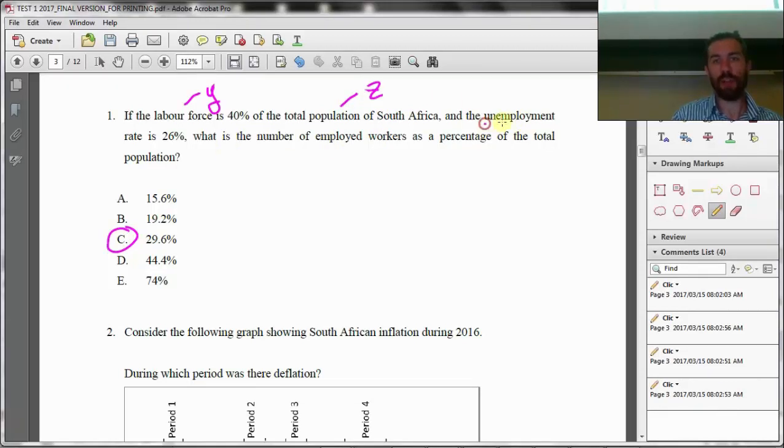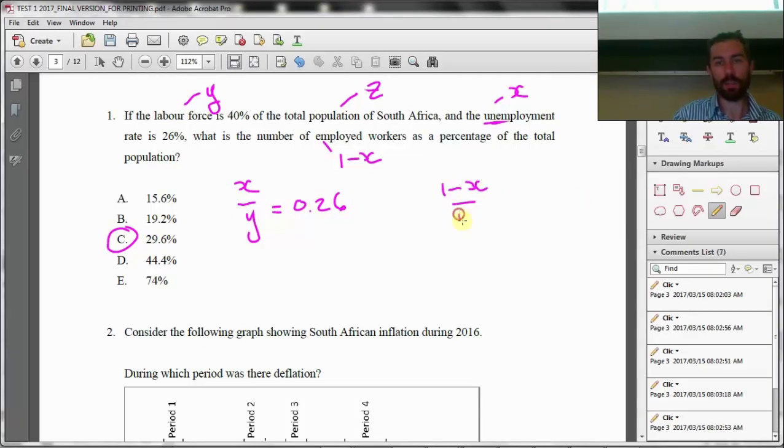Let's call the number of unemployed X, in which case the number of employed is 1 minus X. You happy with that idea? Then X over Y, the unemployed over the labor force, equals 0.26. You happy with that? In other words, 1 minus X over Y equals 0.74.